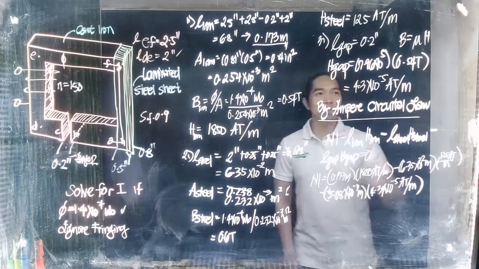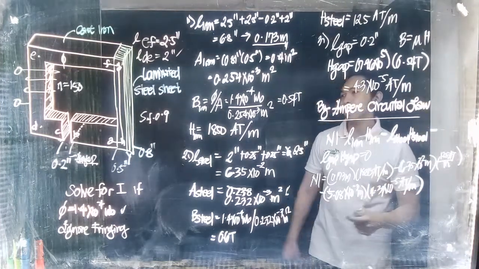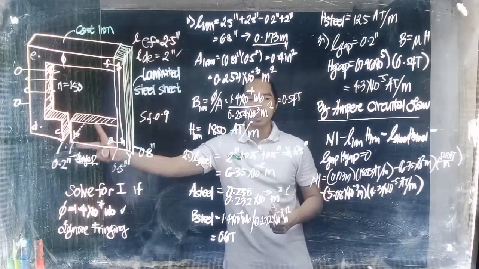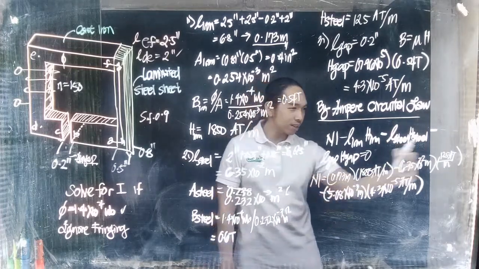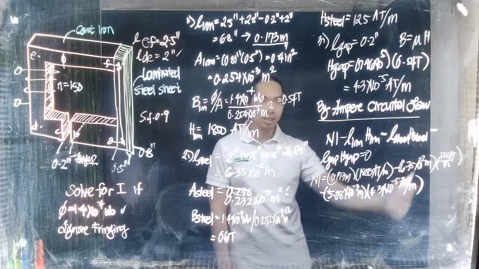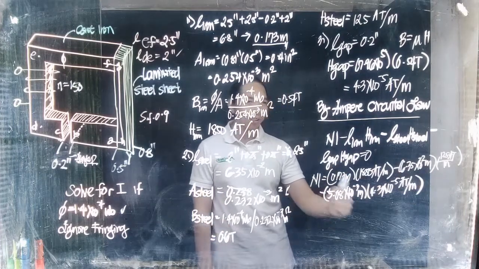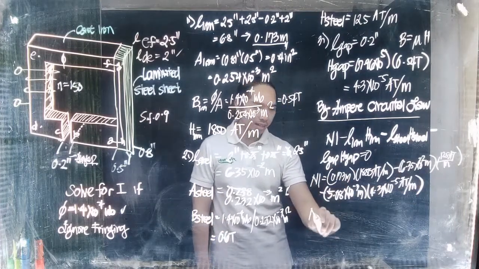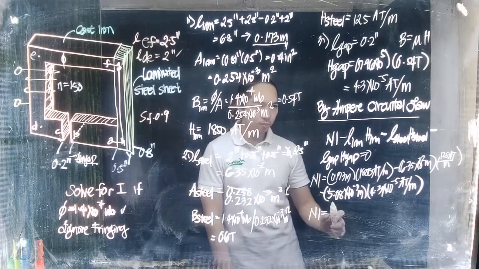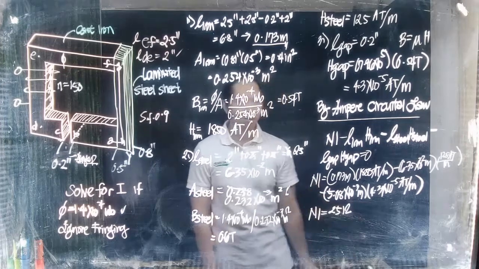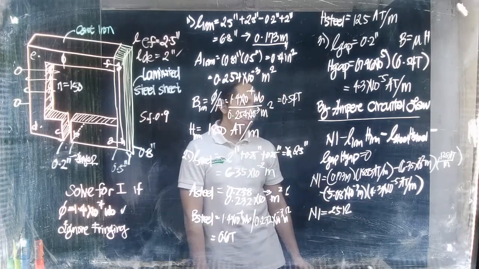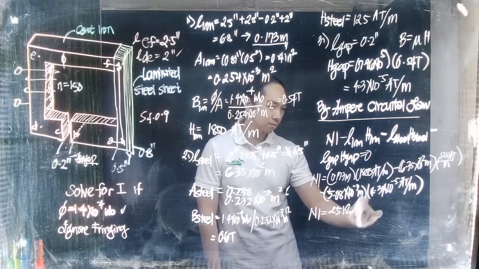Kung mapapansin nyo, mas mahina yung sa may air gap kasi talaga, gap siya eh. So if we're going to solve everything, itong mga to, i-add up lahat yan. So you'll obtain the value on the right hand side, so that Ni is equal to 2512 amps.